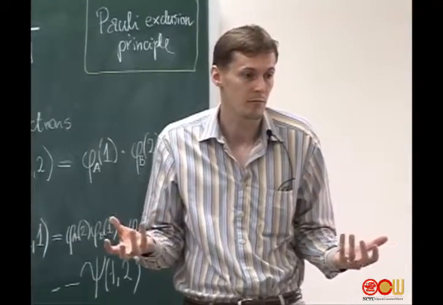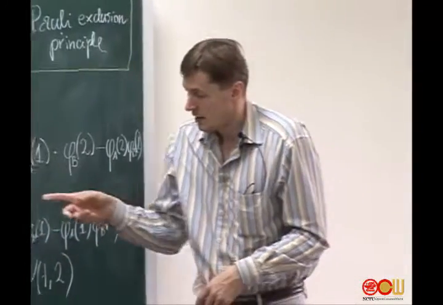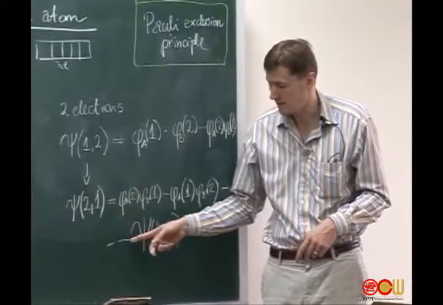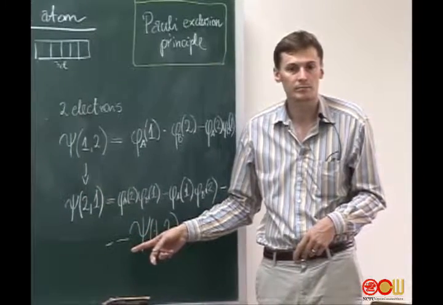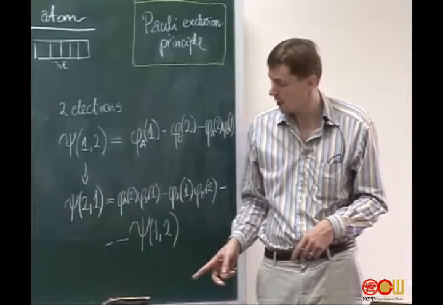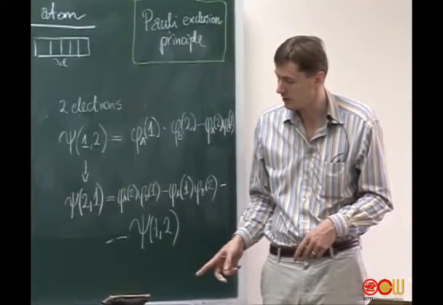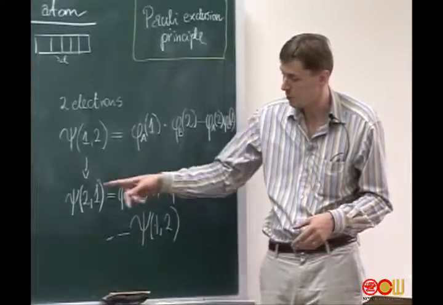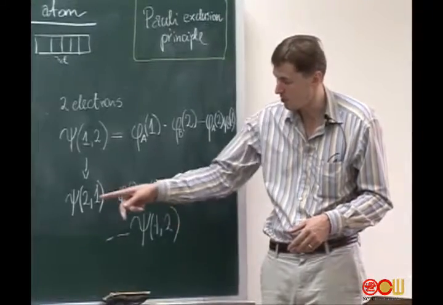They look the same. But if you replace them, then the wave function will change sign. We say that the wave function is antisymmetric. Anyway, important part is that the wave function is changing sign by replacement.